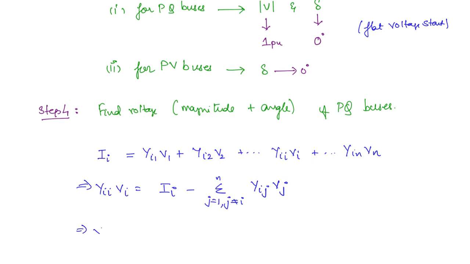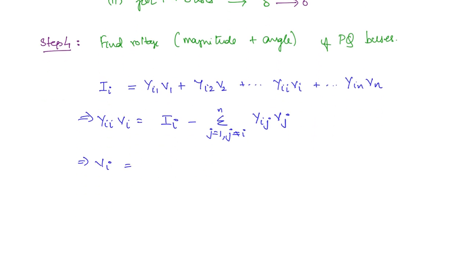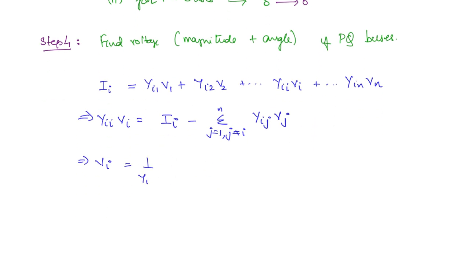So what will be Vi? This is now equal to 1 by Yii times Ii minus the summation over j equal to 1 to n, j not equal to i, of Yij Vj.